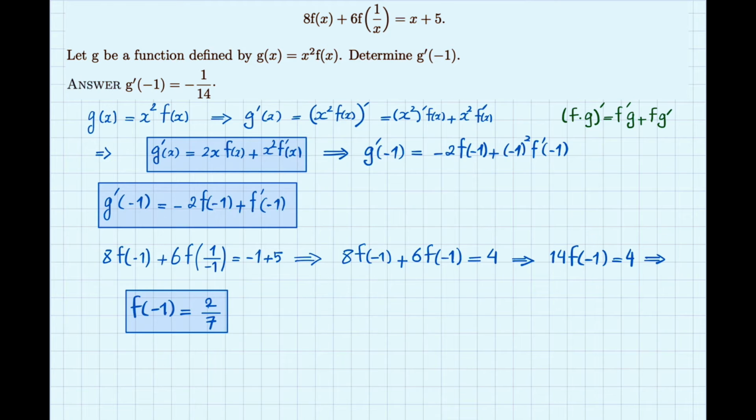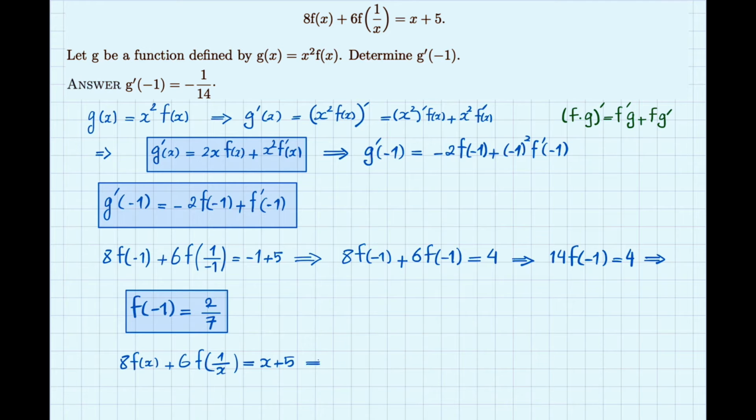So what I'm saying is that I will start again with this given equation.